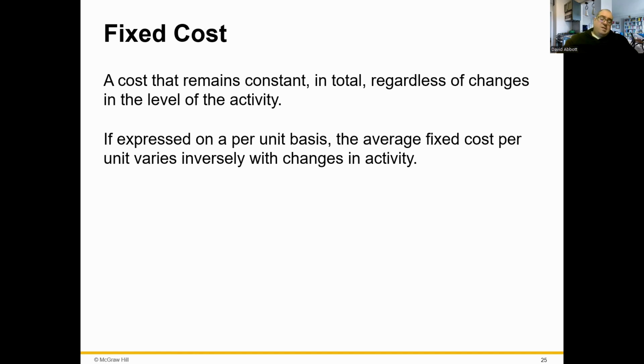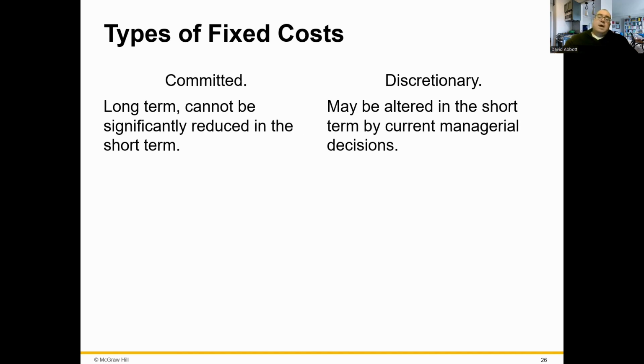So what this means is that this cost is going to remain the same regardless of the level of activity. And if you were going to divide it out based on how many units you have, or whatever the activity base is, the more units there are or the higher the activity, the less it's going to be per unit. Okay.